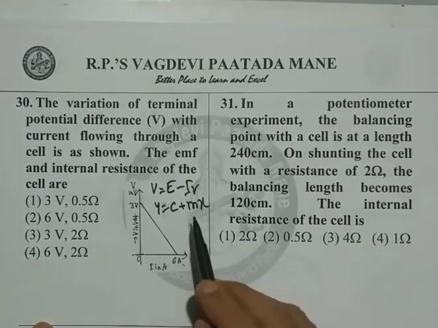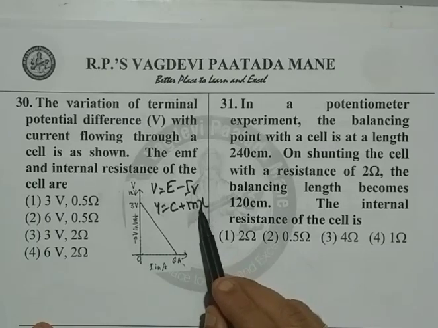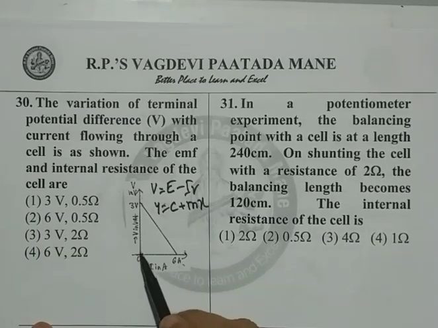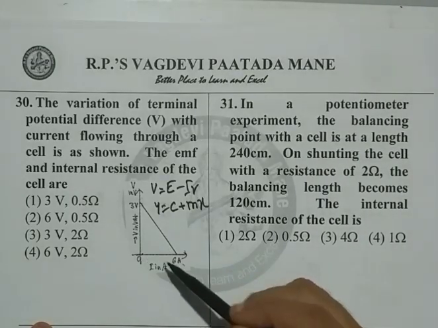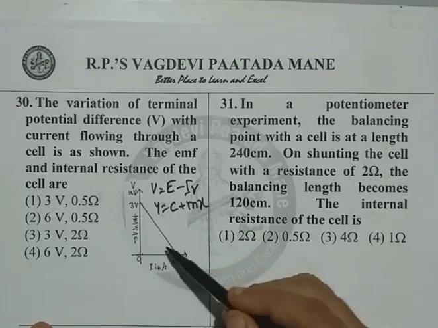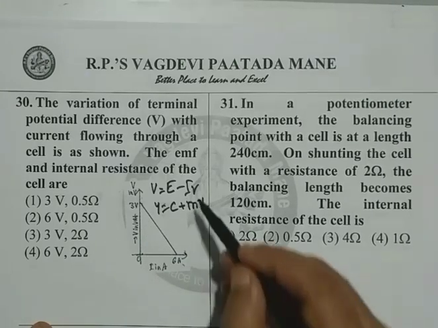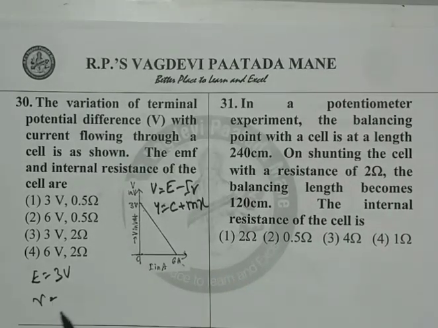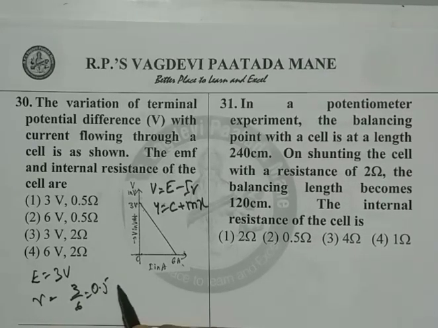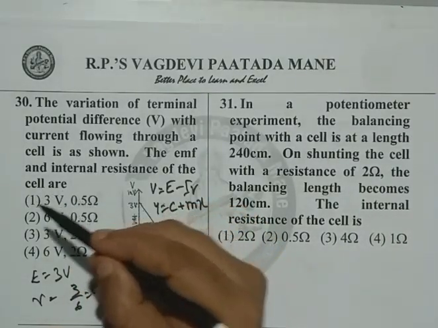Therefore, at 0 current I, the voltage shown is nothing but EMF, and the slope of this line will give us internal resistance r. Therefore, the intercept is 3 volt, EMF is 3 volt, internal resistance r is 3 by 6, which is 0.5, the slope of this curve, ohms. Therefore, option 1 is correct.